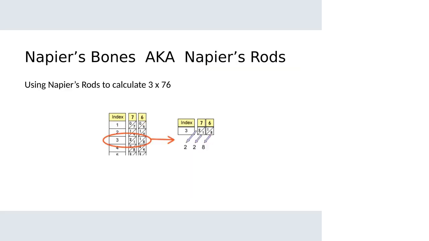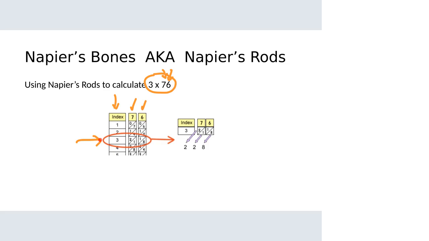And the way that they work is like this. If you wanted to multiply 3 times 76, and this is a really simple example, it would work with anything. But what you would do is you would use your index. Since you're multiplying by 76, you would take your 7 rod and your 6 rod and put those next to each other. And then when you want to do 3 times 76, you just look, okay, here's my 3 row, and I look at the 7 and the 6 put together.